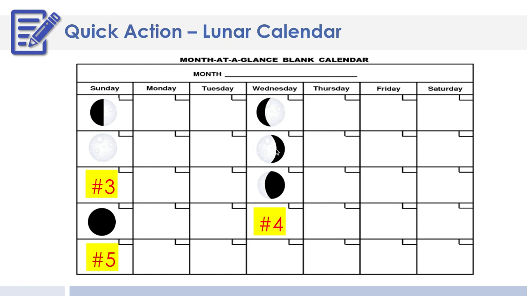Then roughly 3 days later, the light is starting to decrease on the left, so we now have a waning gibbous. And then 3 to 3.5 days later, after a waning gibbous, remember the light is decreasing on the left, so we would have a third or last quarter moon. And then as it decreases, we have our waning crescent, back to a new moon. And then after 3.5 days from the new moon, the light is going to start growing again on the right.